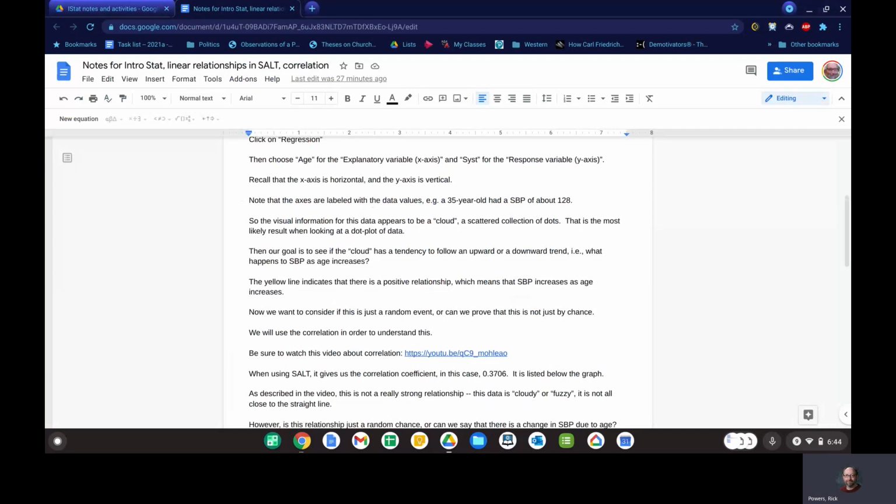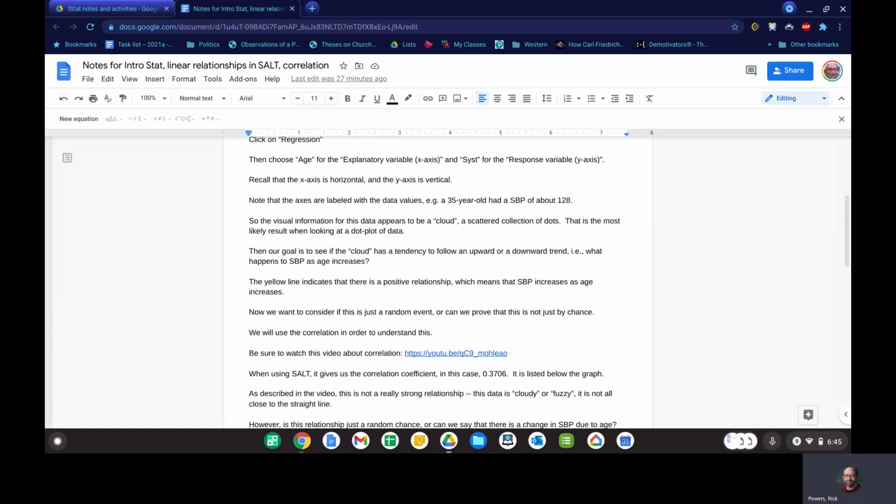So the visual information for this data appears to be a cloud, a scattered collection of dots. That's the most likely result when looking at a dot plot of data. Then our goal is to see if the cloud has a tendency to follow an upward or a downward trend.